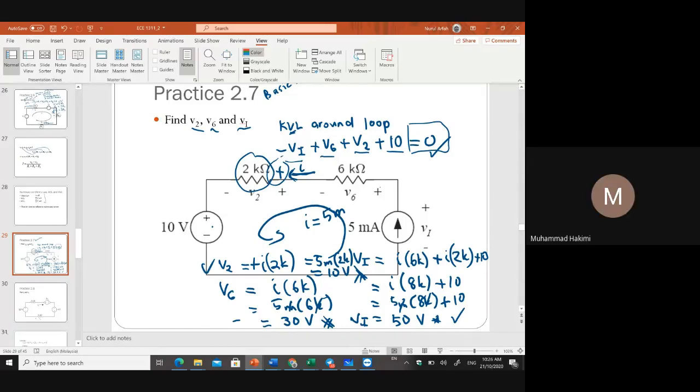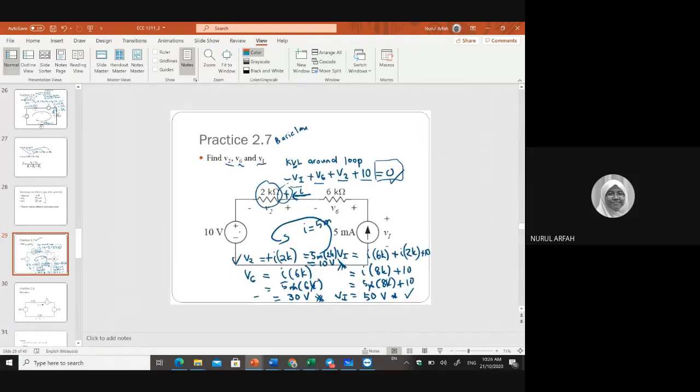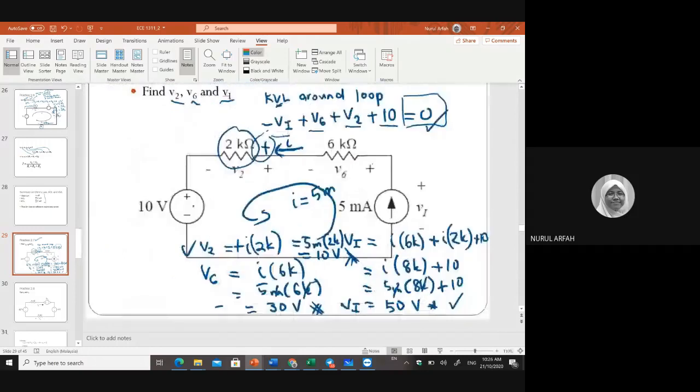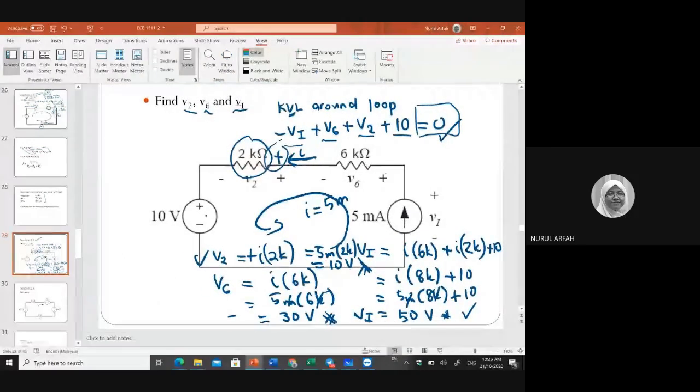Yes. Thank you. We don't have the answer here, but this is the correct way. You just rearrange or you can substitute 30 plus 10 plus 10, so 50. Yeah, correct. Okay, I confused you, right?